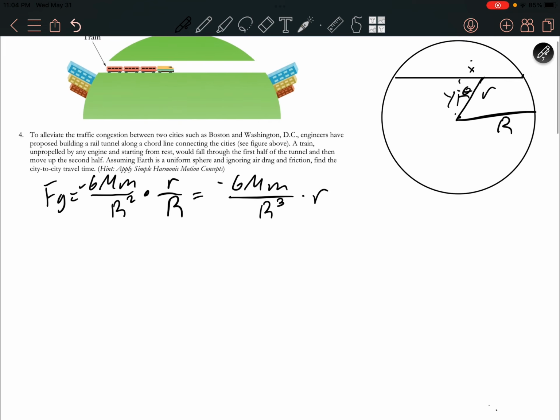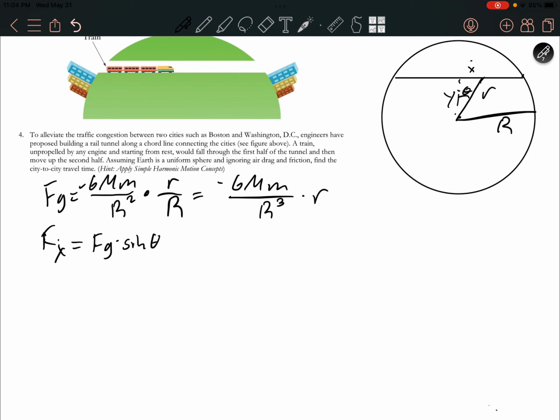So now that we have this, we need to start finding the force in the x direction here. We're looking for the period that's going to be happening in the horizontal, so we need to find the horizontal force. Makes sense. So we have F of x equals Fg times sine of this nice little theta value I already drew in.